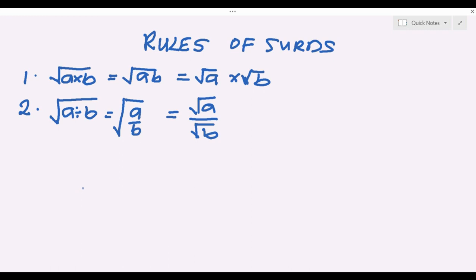Now there are certain things that are not included in the rules, but I'll put them as my own rule, so it will help us in calculation. I call this number 3. Rule number 3. If you have the square root of a plus b, this is not the same thing as the square root of a plus the square root of b. Rule number 4.